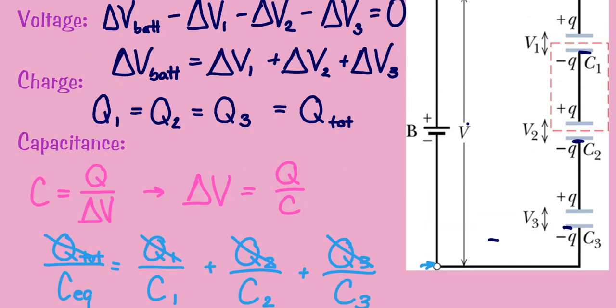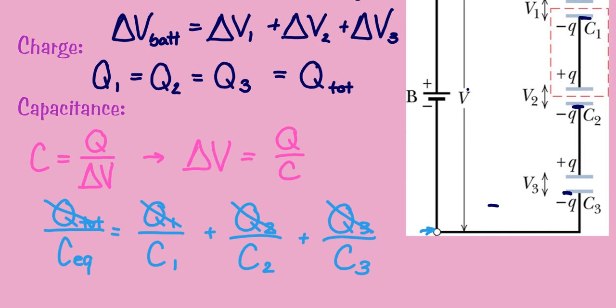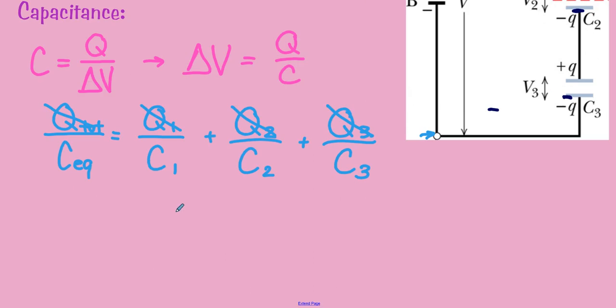So in general, my equation says that 1 over the equivalent capacitance in series is equal to the summation of 1 over Ci, i being whatever that integer value is for each capacitor. This is how it's written on your equation sheet.